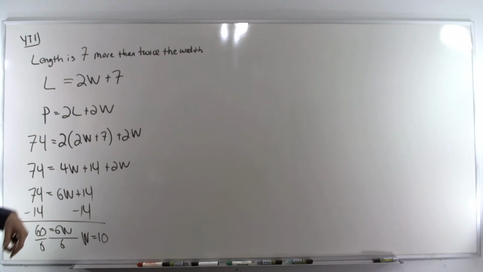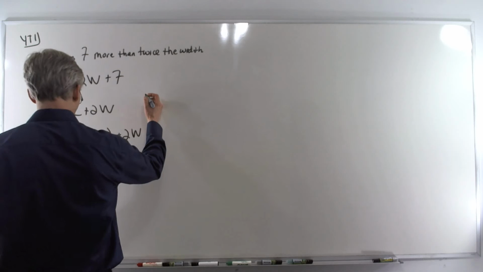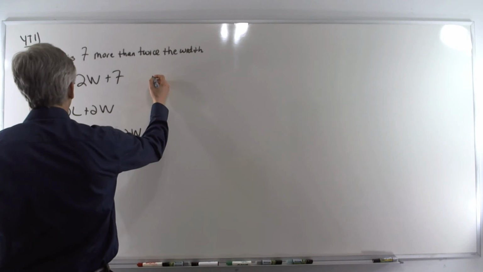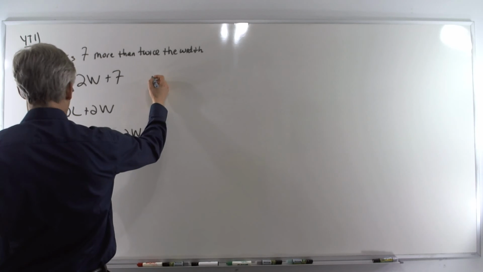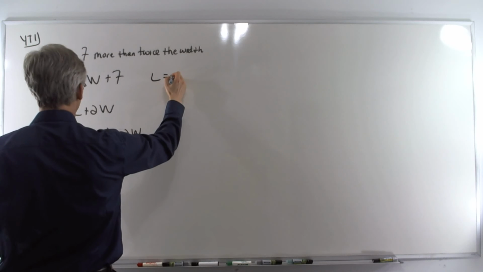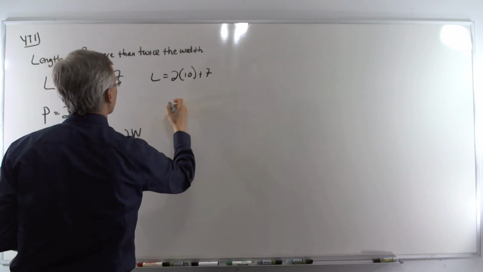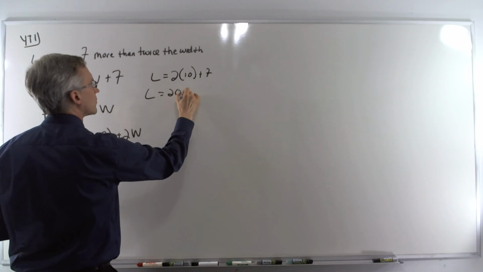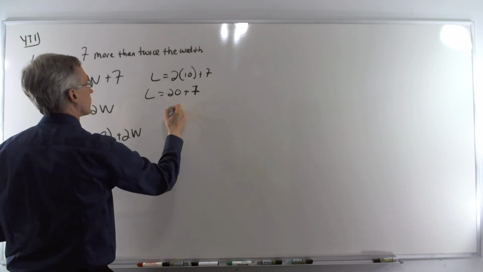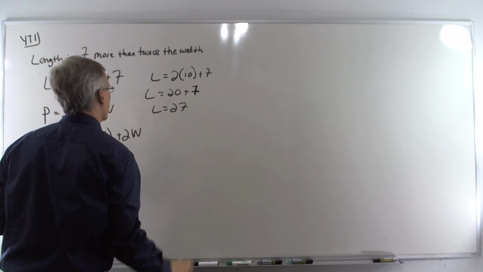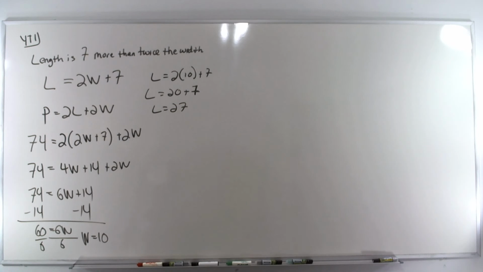Oh no, we'll plug it into this equation, that'll be easier. L equals 2 times 10 plus 7. So L is 27.